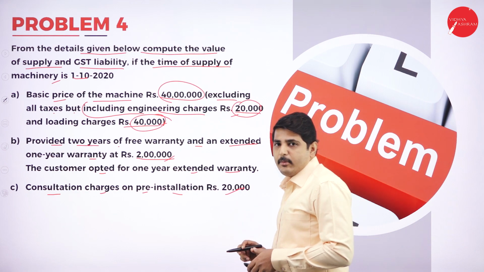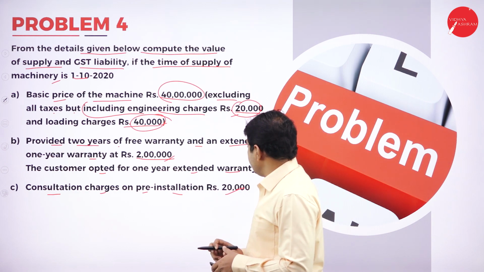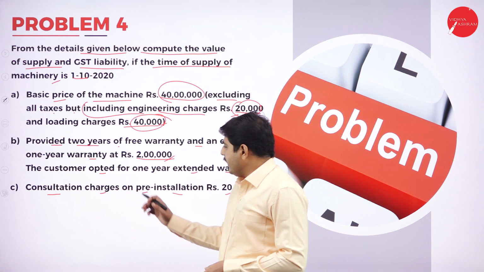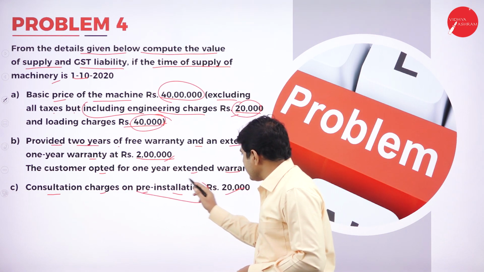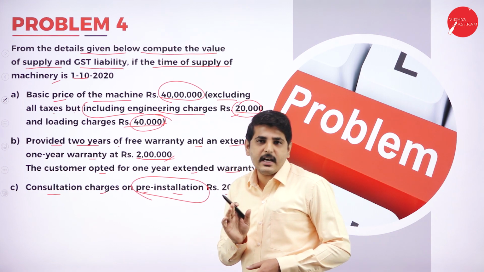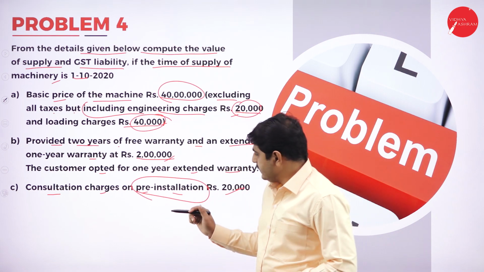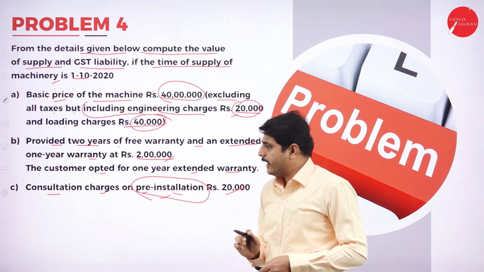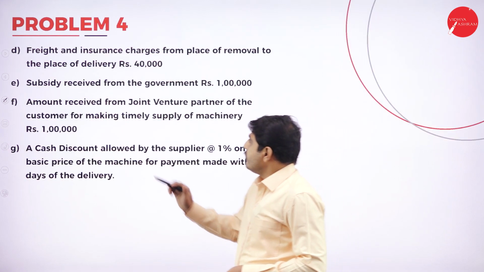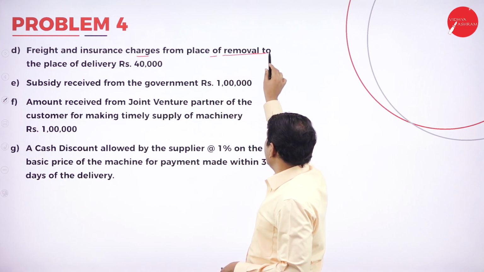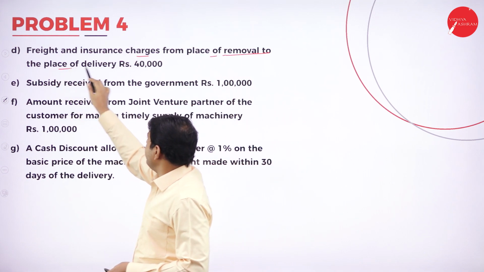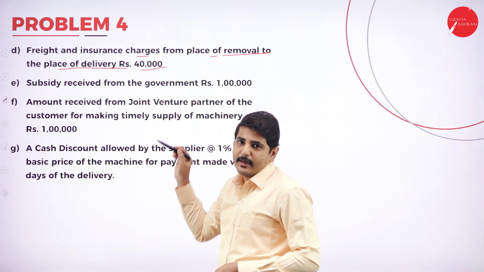We can add this amount. It is related to value of supply. Now, why are consultation charges included? See, because it is pre-installation charges. If it is after installation charges, we should not include it. Since it is pre-installation, we can take this amount. Next one, freight and insurance charges from the place of removal to place of delivery rupees 40,000. Keep this in mind.